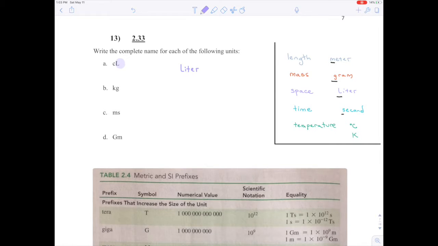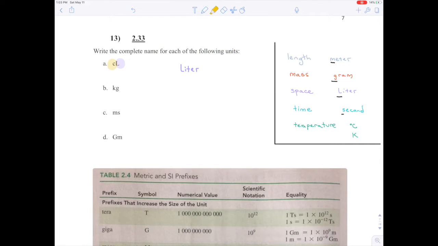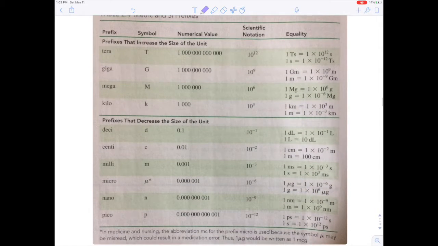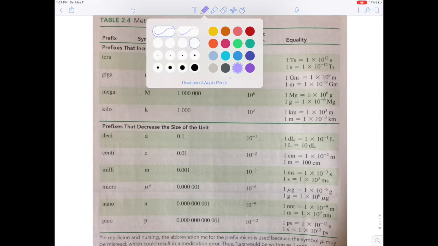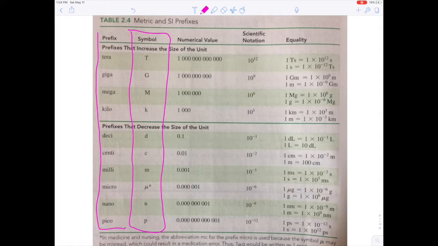Okay, the first letter is a C, and that prefix is a metric prefix. Now the metric prefixes are in this table, table 2.4. The symbols for them are given in this column, and the word that corresponds to them is in the prefix column just to the left of it.